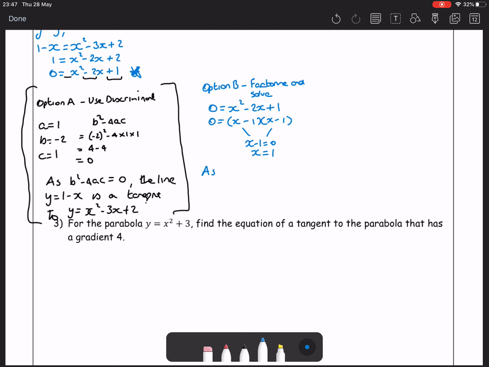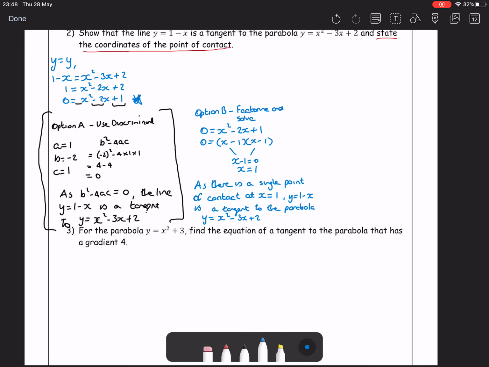So as there is a single point of contact at x is equal to 1, because I've found that out, I can say that that line has to be a tangent to the parabola plus 2.